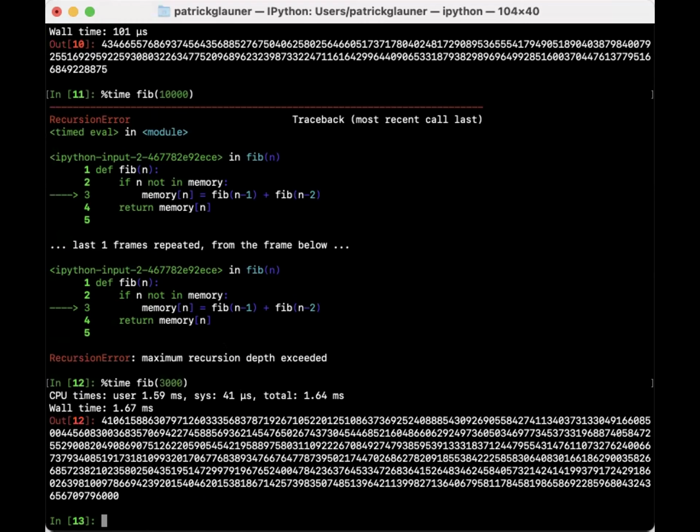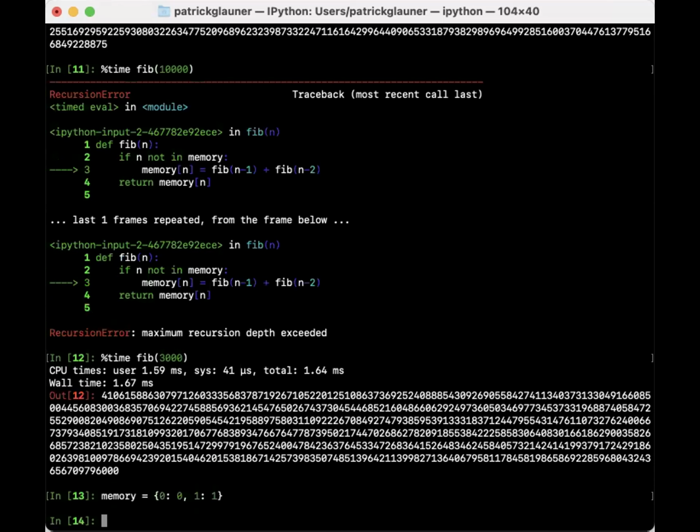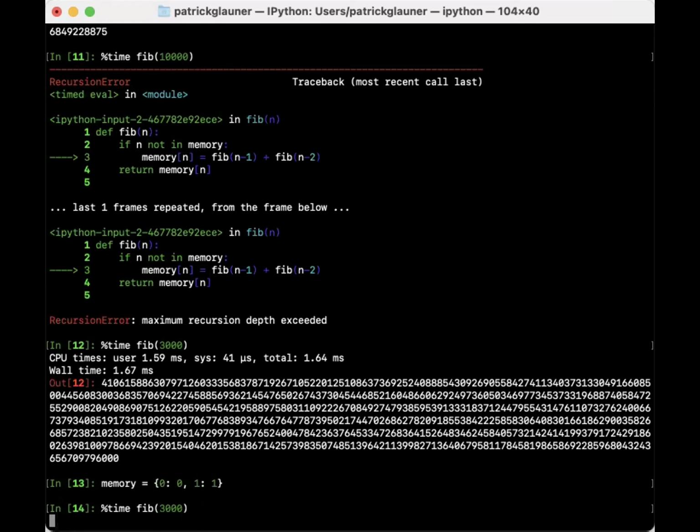So it's 1.36 milliseconds, but we have maybe already used the memory. So I'm just starting this from scratch. I'm initializing the memory, and then I'm doing the top down for 3,000.